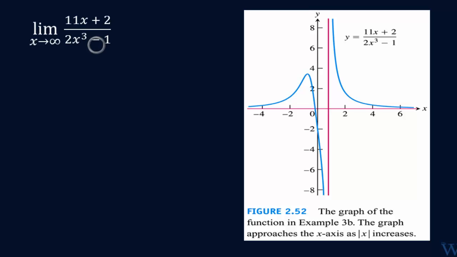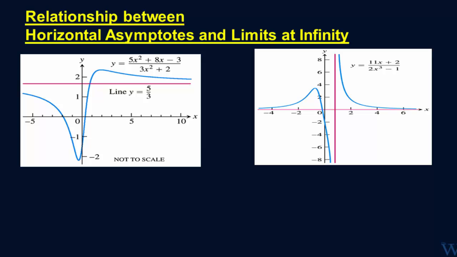Okay, so here in this example, the degree of the numerator is less than the degree of the denominator. So when we take the limit we know it is equal to 0. So here, observe that the horizontal asymptote is y equals 0 because the graph tapers off to the horizontal axis. So the relationship between the horizontal asymptotes and the limits is that as long as the limit is either 0 or a fixed number, that's the only time there is a horizontal asymptote.